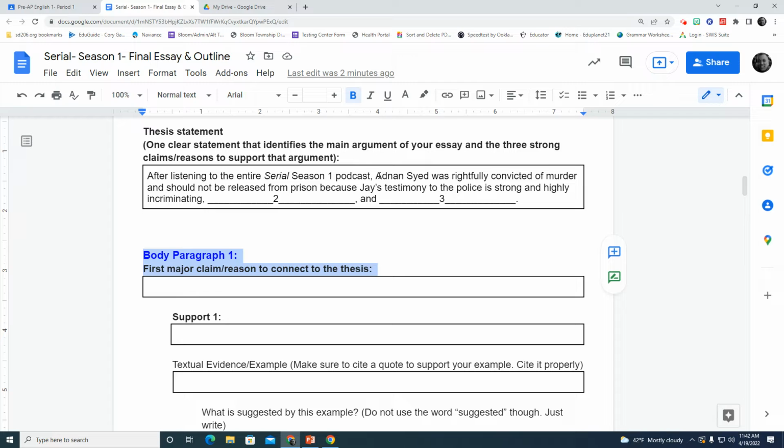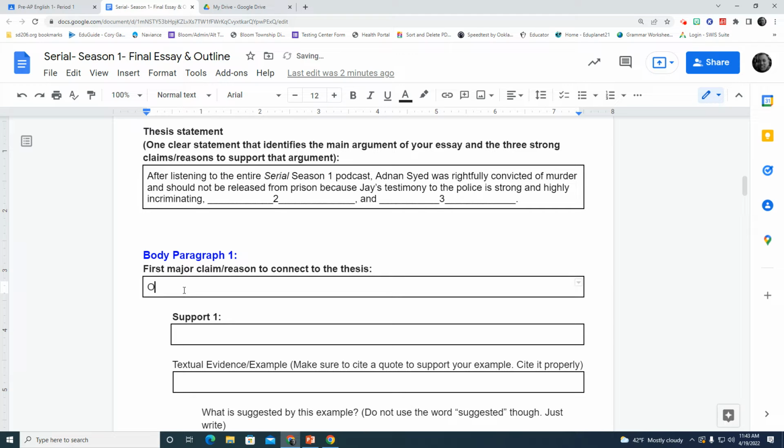So, to recap, I'm arguing that he was rightfully convicted of murder and he should not be out of prison. And my main point was that Jay's testimony to the police is strong and highly incriminating. So I need to put that into a statement for my first body paragraph.